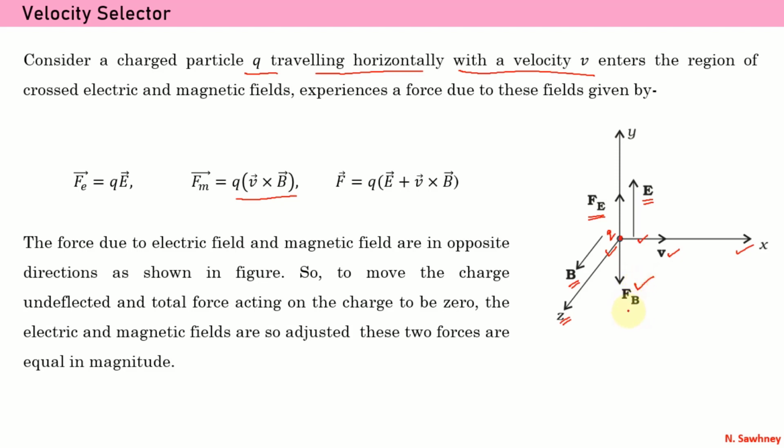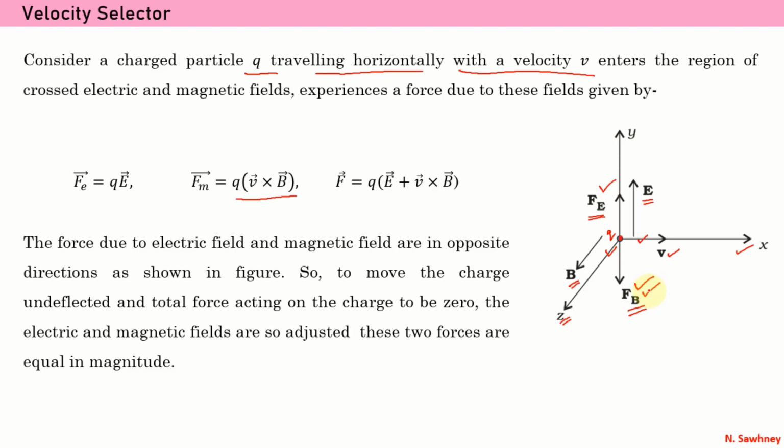If you look carefully, this direction in the figure will be along the negative y-axis, and both the forces due to electric field and due to magnetic field are in opposite directions.